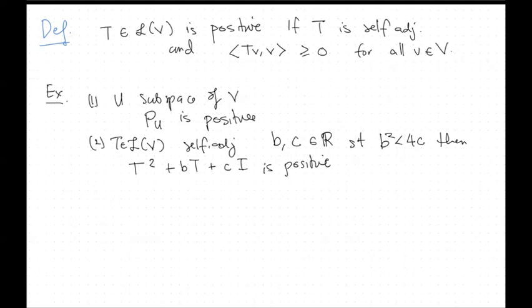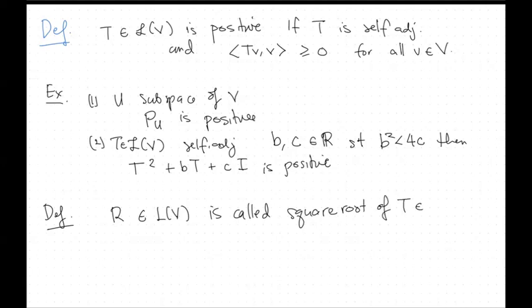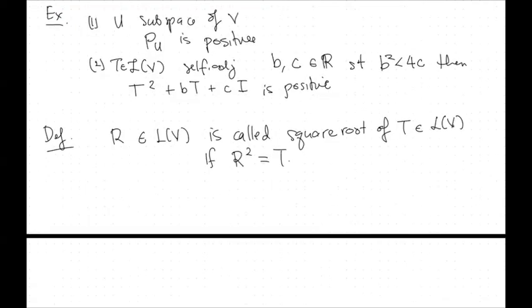Okay, let us now define another type of operator. Say R, an operator, is called a square root of an operator T if R squared is equal to T. To illustrate this, let us consider the example T, which is an operator on F3, and then we define T of z1, z2, z3 as just z3, and the other components vanish.